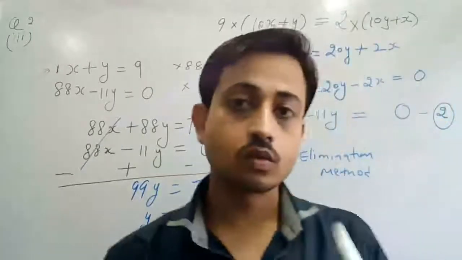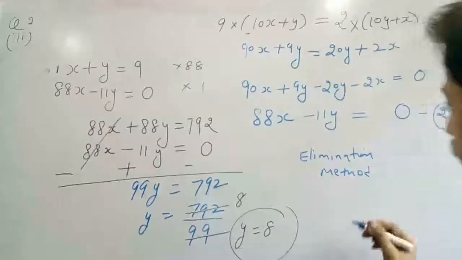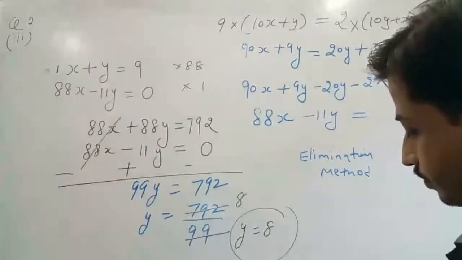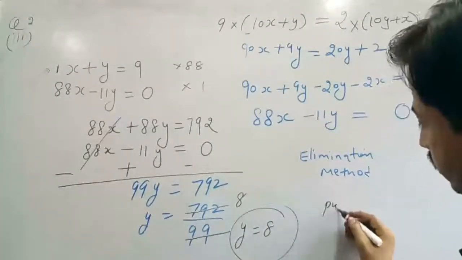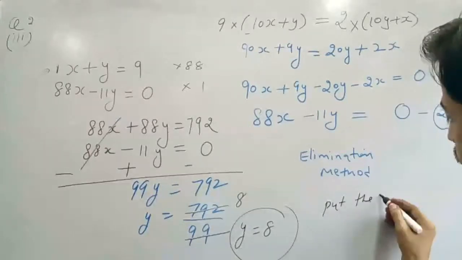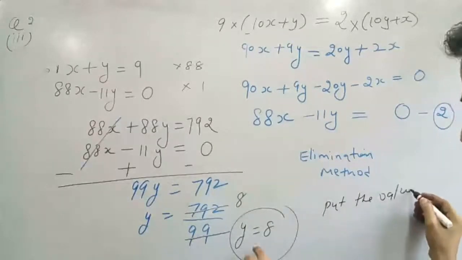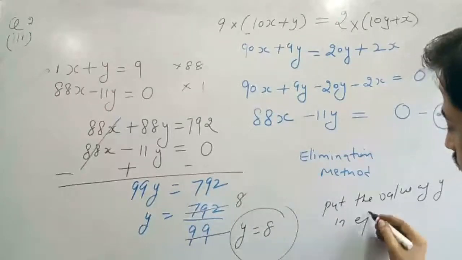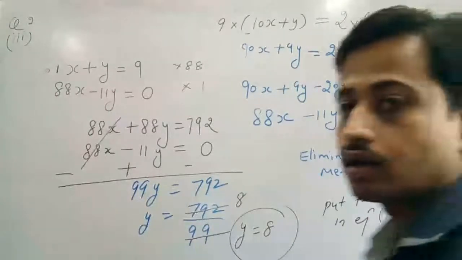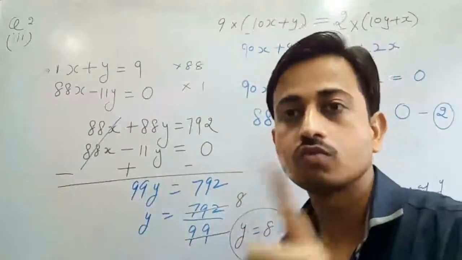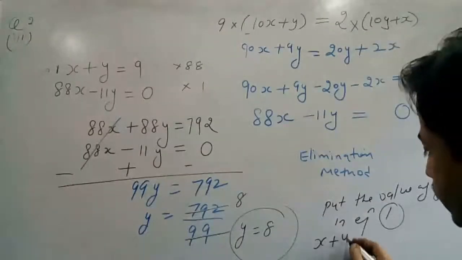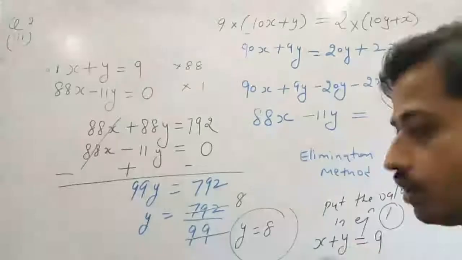Now our next step is to calculate the value of x. So put the value of y in equation 1. What is equation 1? x plus y is 9. So put it, x plus y is equal to 9.